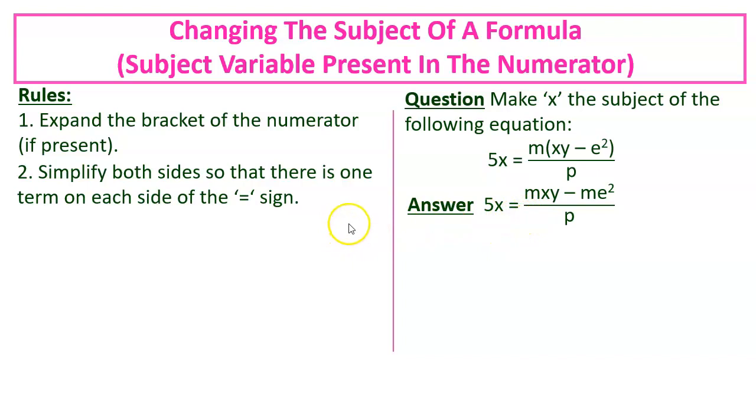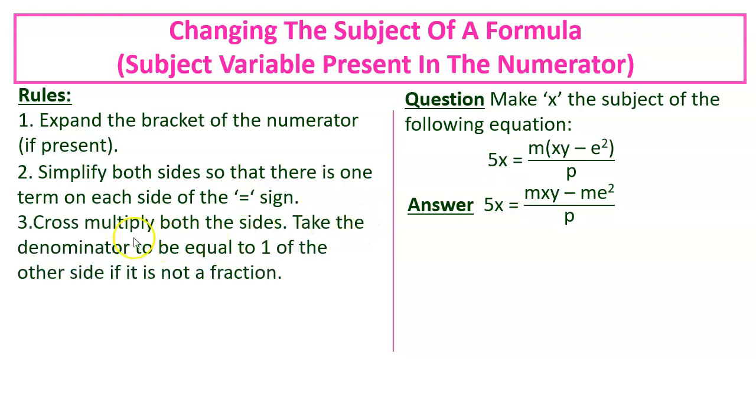Okay. Coming to rule number 3. Cross multiply both the sides. Take the denominator to be equal to 1 of the other side, because this side which contains the variable is a fraction. We know that. If the other side is also a fraction, fair enough.